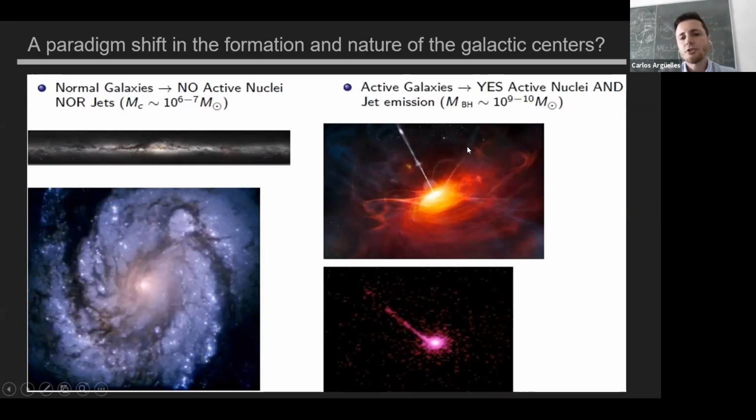But for larger galaxies, or active galaxies, where the masses of the central object are typically larger than 10 to 8, which have jet emissions and hard X-ray, you do need a black hole at the center, but in our model, it may be produced by the collapse of dark matter.